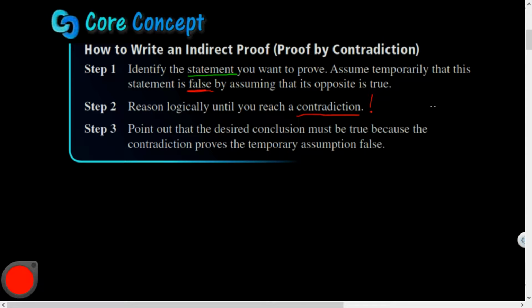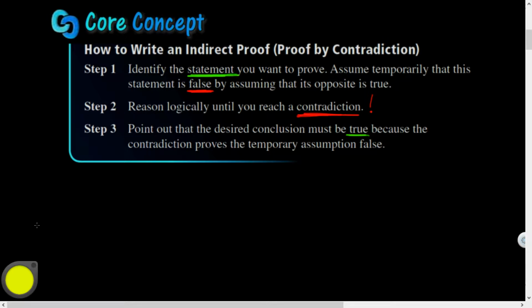Proof by contradiction works by having a double negative. I start with something, I prove that that's false, and that means that the opposite of it is true, which is what I was setting out to do. So what is true is the original statement that I wanted to be true.